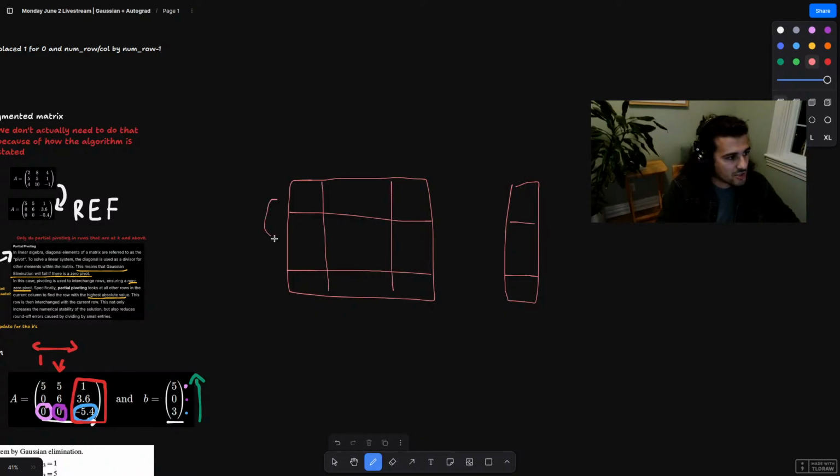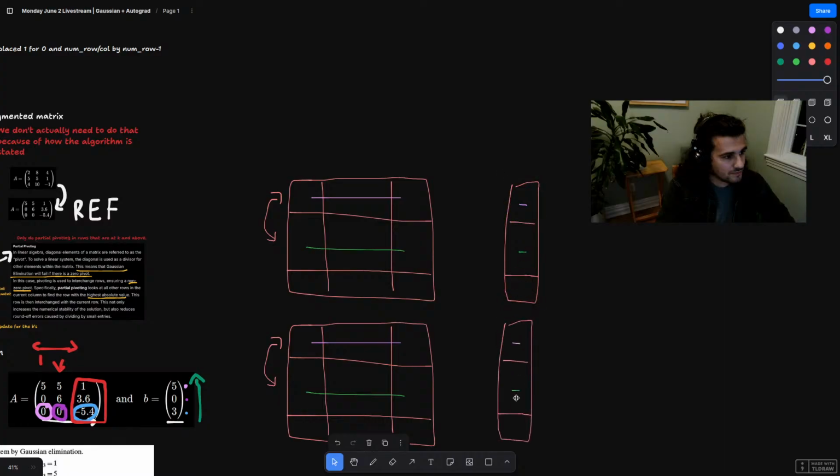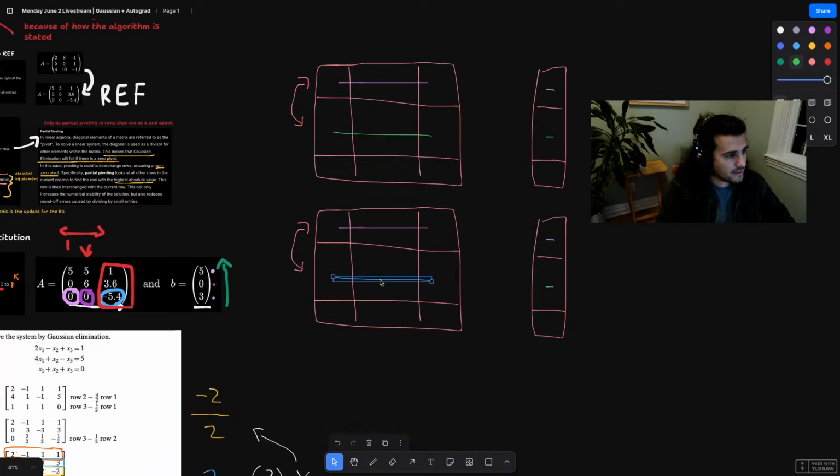So when I was swapping these, let's say this goes like this, and then this goes like that. What happened was that after this swap, I had this at the top and this at the bottom, right?